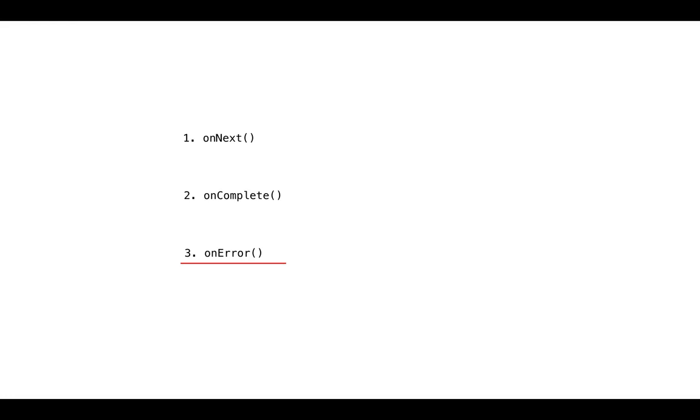But if we encounter an error, and onError method is invoked, onComplete will never execute. So you can think of it as there are three different channels: data channel, onComplete channel, and error channel that can be treated and thought upon separately.